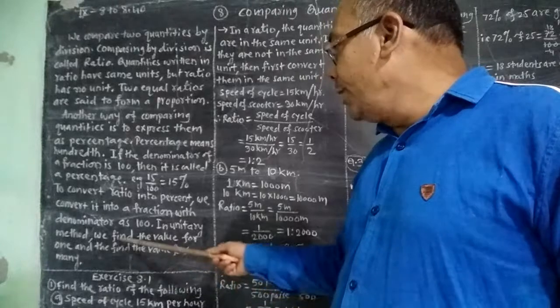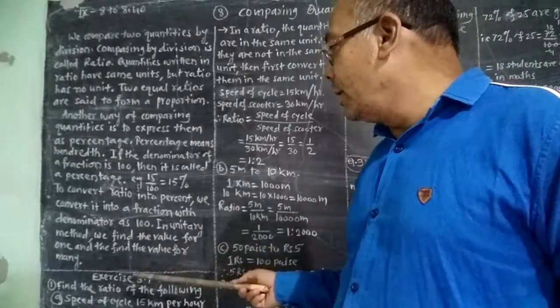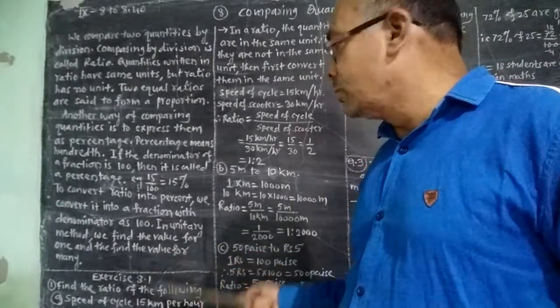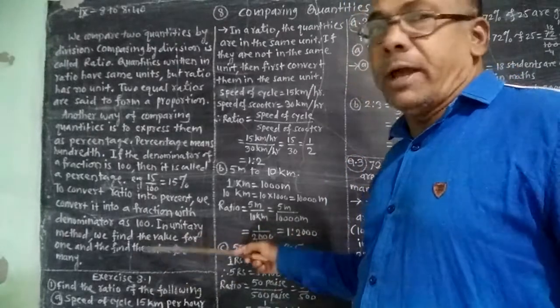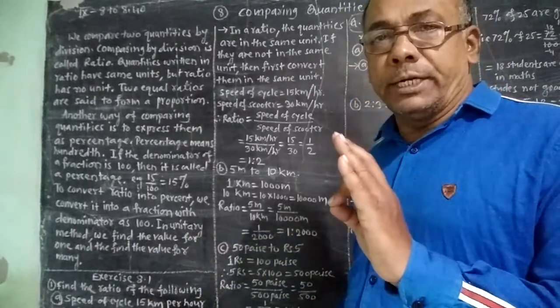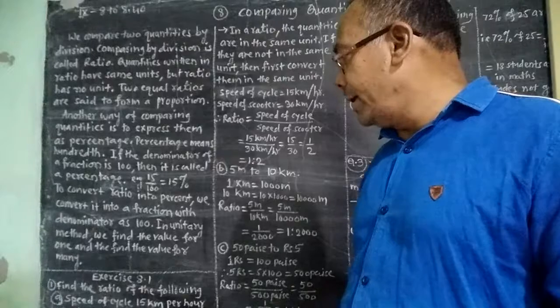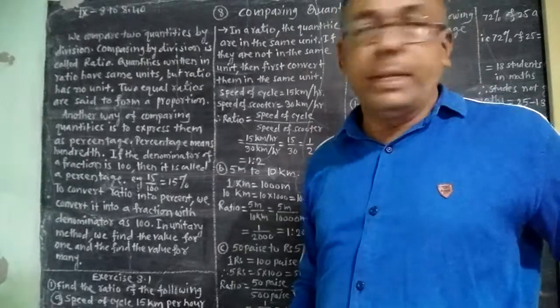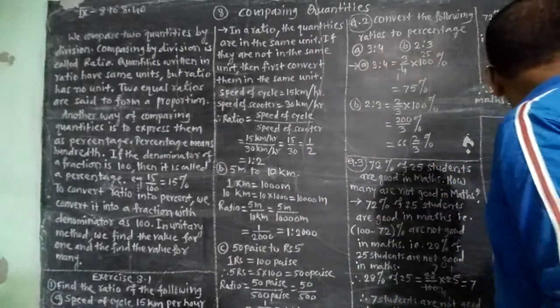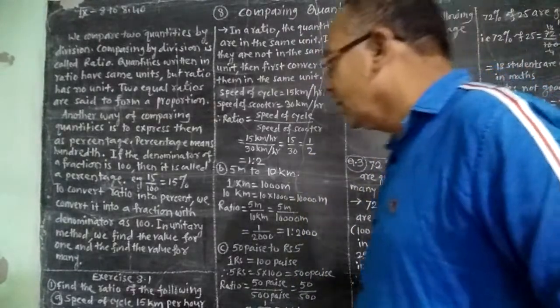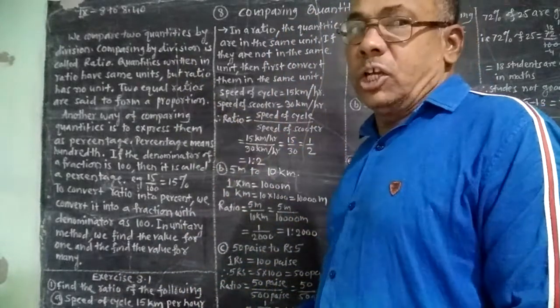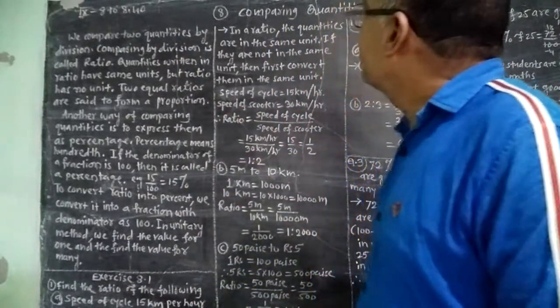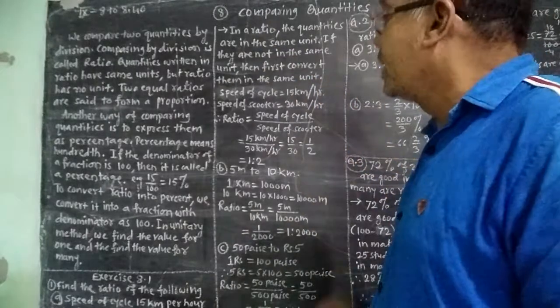Here we find the value for one and then find the values for many. Means we find the value of one quantity and then we can find the value for many quantities. So this was the explanation of our topic, comparing quantities.